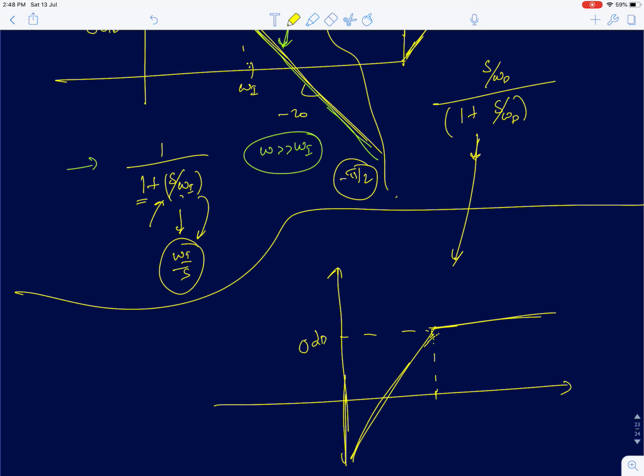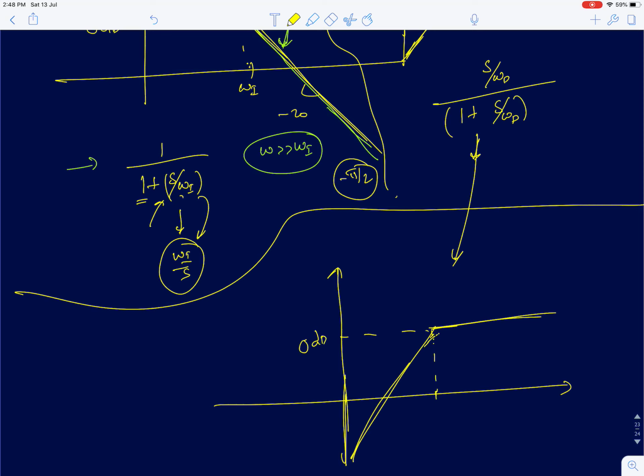Now, when I try to plot the differentiator here, the ideal differentiator will overlap with this and eventually depart after omega greater than omega d. But if you look at this response before omega d, they both look indistinguishable.